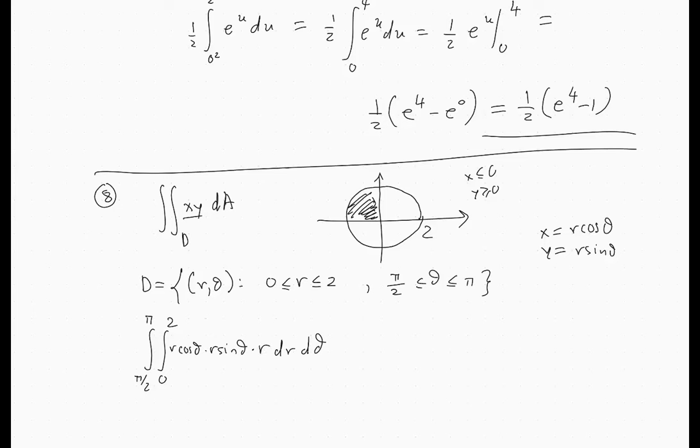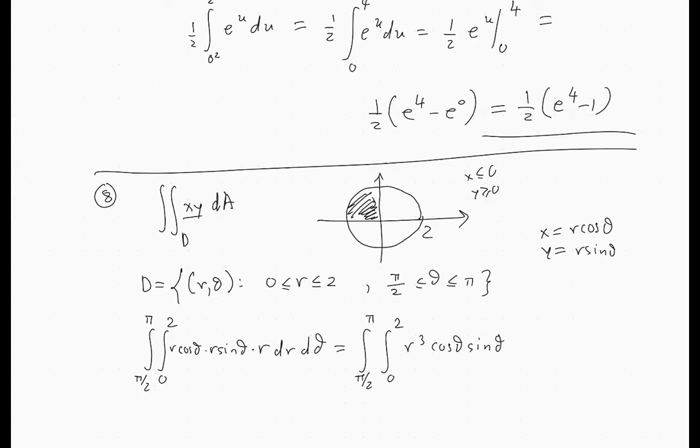So here we will have the integral from pi over 2 to pi, 0 to 2, r cubed cosine theta sine theta, sorry, dr d theta.